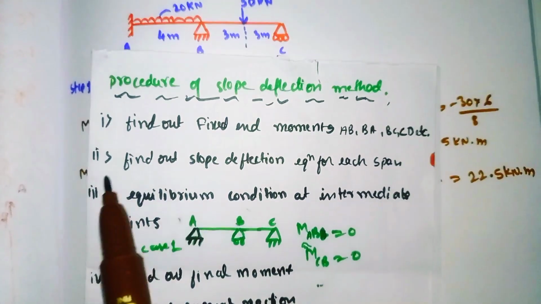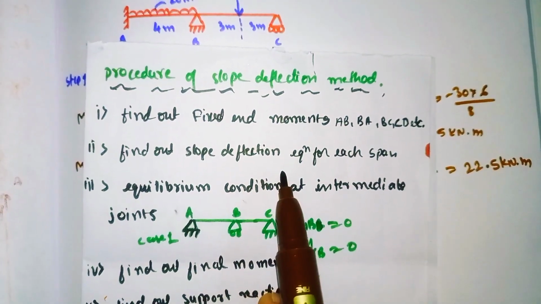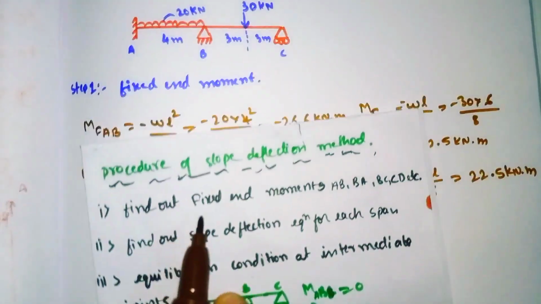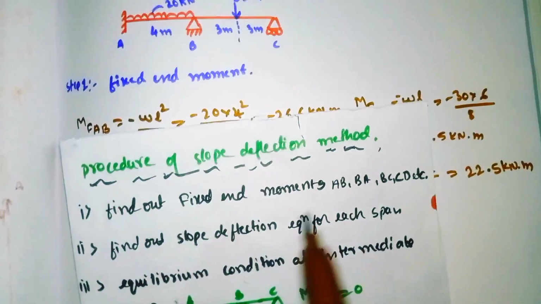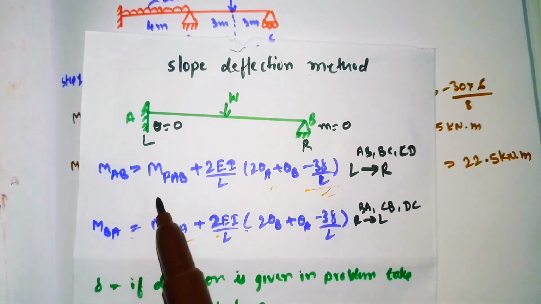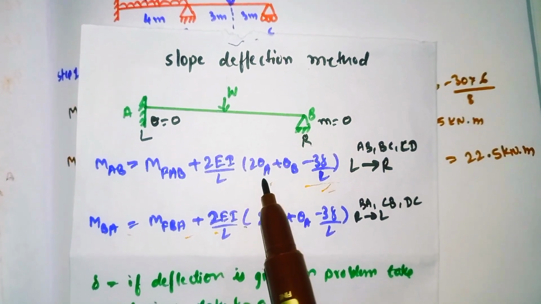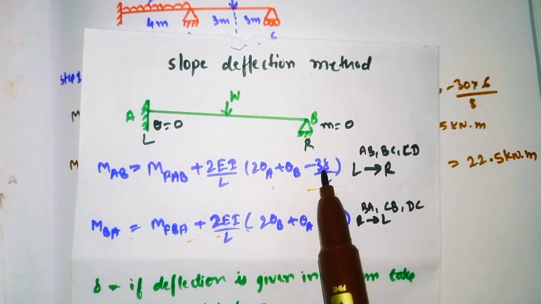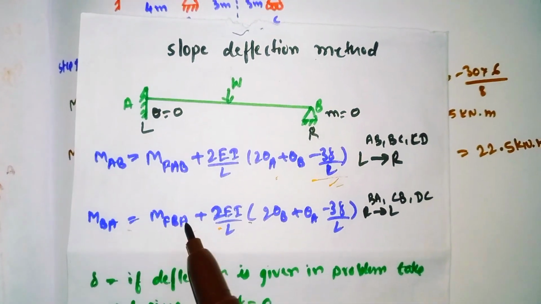So the second step is to find out the slope deflection equation for each span, for span AB, BA and BC as well as CB. For that we have the formula MAB is equal to MFAB plus 2EI divided by L into 2 theta A plus theta B minus 3 delta divided by L, as well as MBA is equal to this formula.